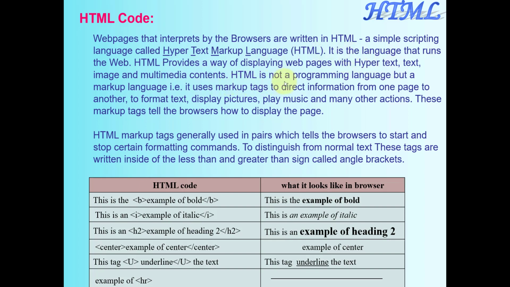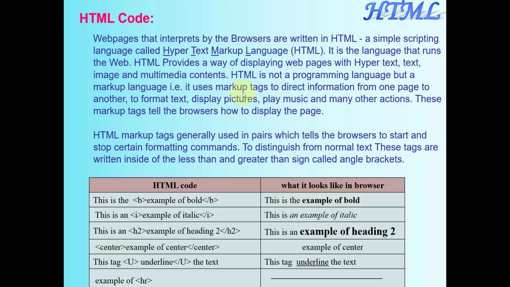HTML is not a programming language. This language is not a programming language but a markup language. So whenever anybody asks you whether HTML is a programming language, no, it is not a programming language. This is a markup language. Clear?